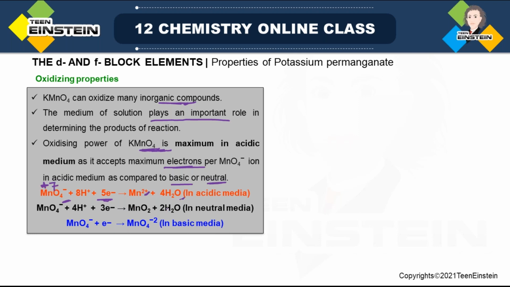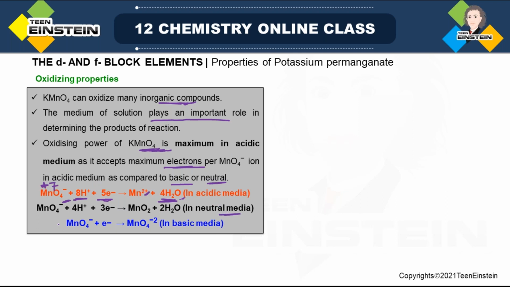Just add 4 H2O. And as we have added H2O, now you have total 8 hydrogen, that we can balance by placing 8 H plus. And you can write H plus because it is acidic medium. Okay, if it is basic medium, you cannot write H plus. So this is the method we actually use when we balance half reactions in the redox chapter. Okay. If it is neutral media, then what happens?